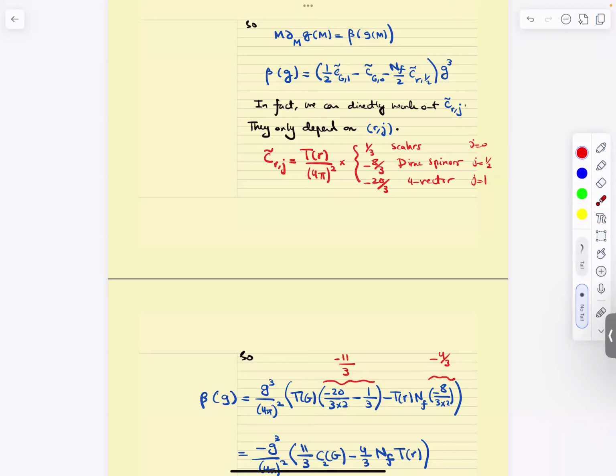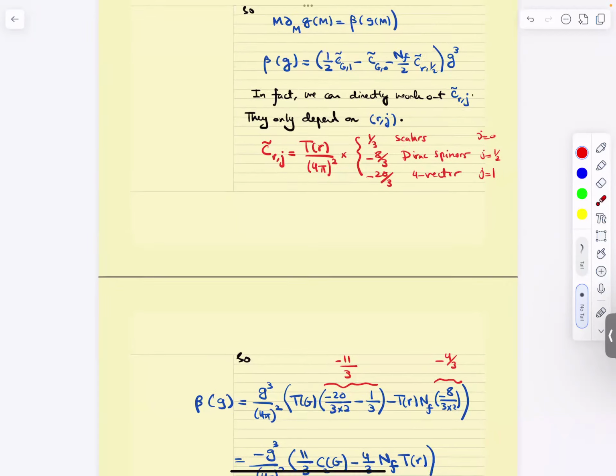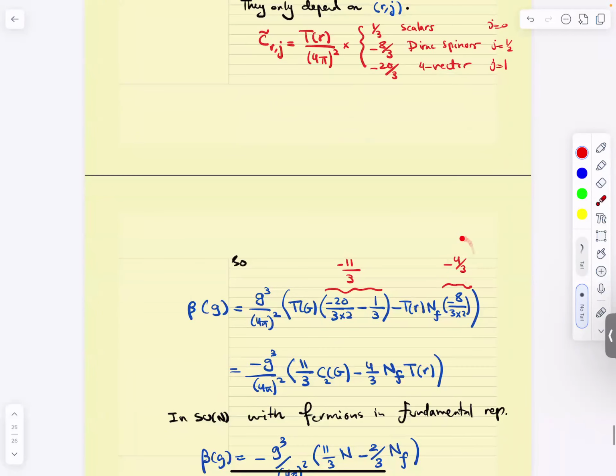And then T of R has to do with the fermions. So T of R is here, and this is T of G because these two guys are transforming in the adjoint. So this is T of G. This is T of R for the fermions, n_f of them, with a minus sign, and each fermion will give you minus 8 over 3. There was a half here, so this piece will give you minus 4 over 3. This piece will give you minus 11 over 3.